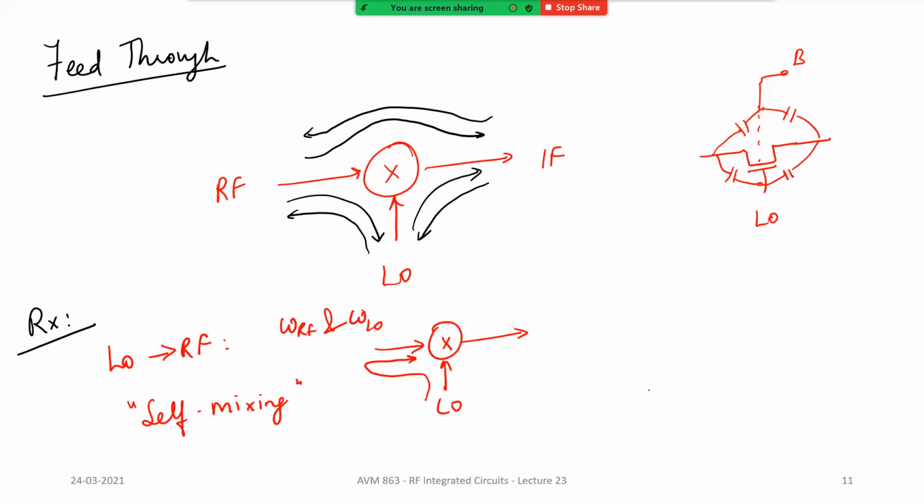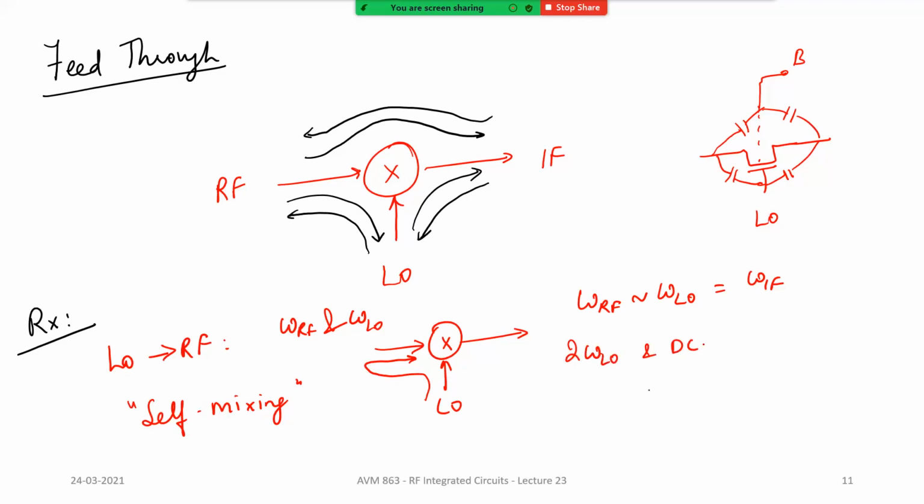At the IF port, you will have omega RF minus omega LO, which is your required IF. Now when omega LO mixes with omega LO, what are the components that you will get? You will get a component at 2 times omega LO and DC, right?